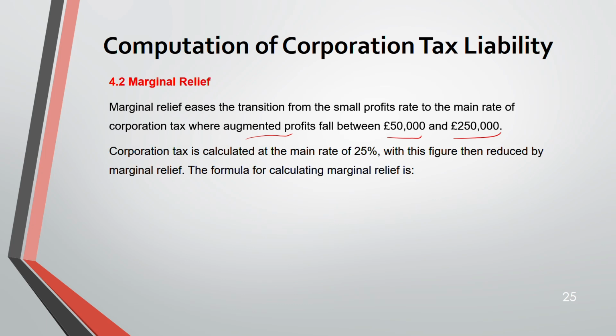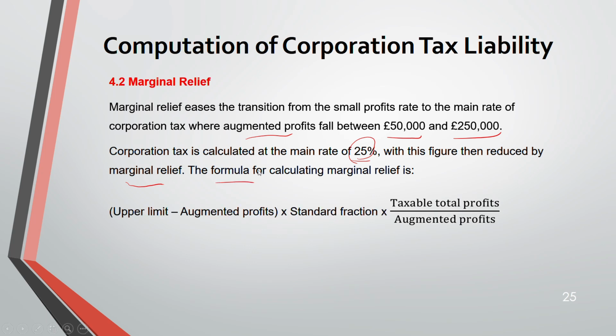So the corporation tax is calculated at the main rate of 25% on this figure, then reduced by the marginal relief. You calculate the corporation tax at 25% only if the profit is between 50,000 and 250,000, and then whatever you calculate you reduce by the marginal relief. This is the formula for calculating marginal relief: the upper limit minus your augmented profit, into the standard fraction, into TTP divided by augmented profit.